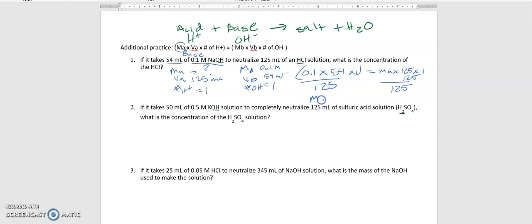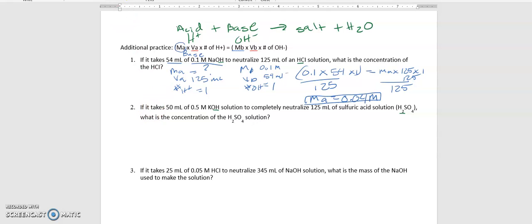I'm going to get that the molarity of your acid, or MA, is 0.04 molar. So that's your concentration of your acid. If I ran this titration and I used 54 milliliters 3 times of my 0.1 molar sodium hydroxide, I would figure out that my 125 milliliters hydrochloric acid has a molarity of 0.04.